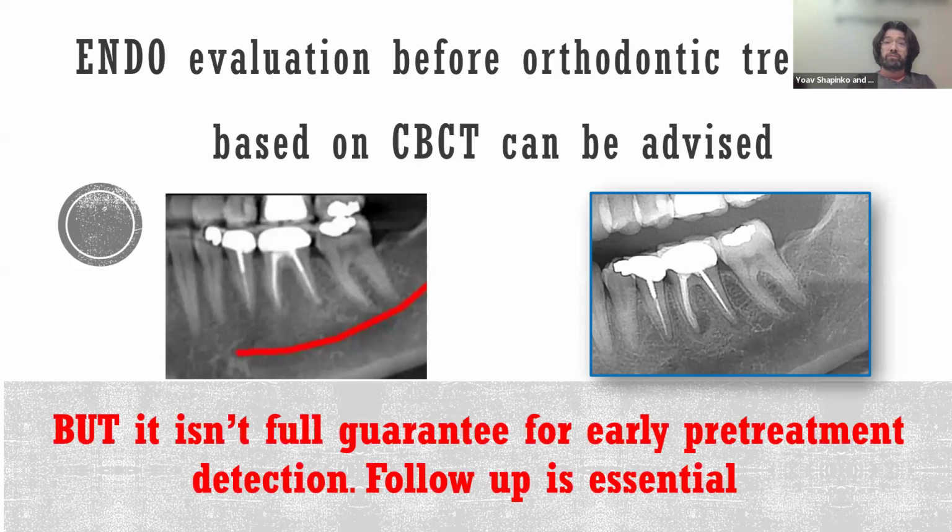We must understand from a medical-legal point of view that we can't give the patient a full guarantee by CBCT scan that we will have no problem with apical lesions. It just emphasizes the need for follow-ups. Just during follow-ups, 6 months after, or sometimes maybe 3 months after the beginning of orthodontic treatment, we can make a decision about endodontic intervention.